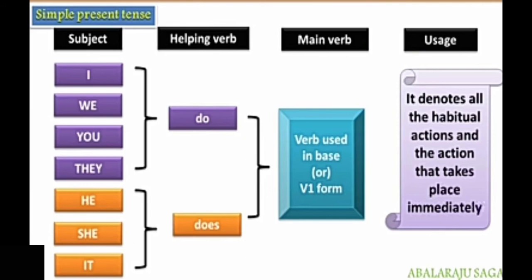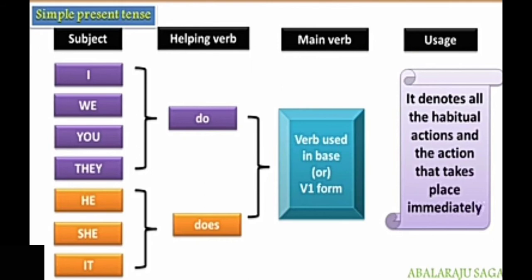Here we have the structure of the sentence. This flowchart will help you to understand. The pronouns are the names of person, place, things and can be written as subject. They are subject: I, we, you, they. These are first person and second person.